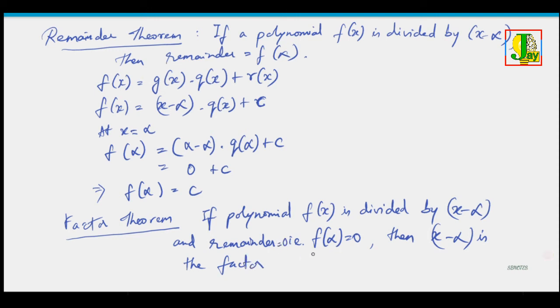Remainder equals 0, right? Okay. Then x minus alpha is a factor of f(x).